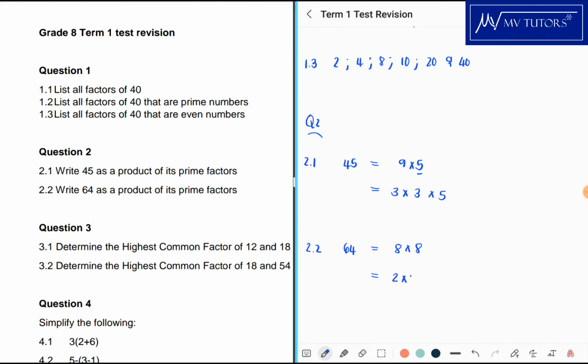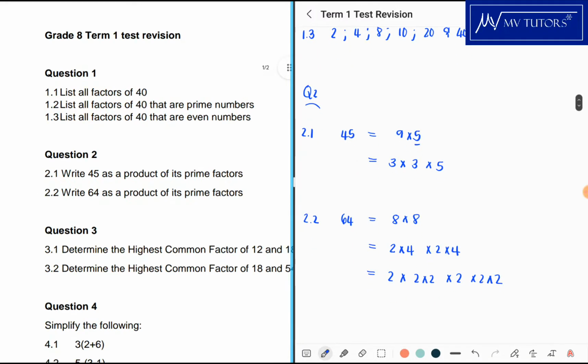So I have 2 times 4 times 2 times 4. 4 is not a prime factor, so how do I get it to its prime factors? I'm going to break it apart and say 2 times 2. So basically, I have 2 times 2 times 2 times 2 times 2 times 2.